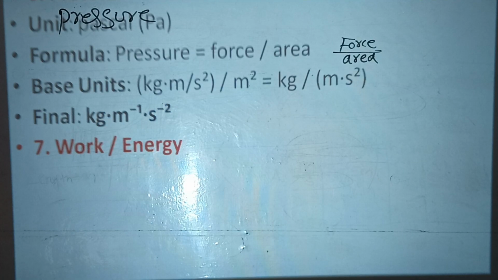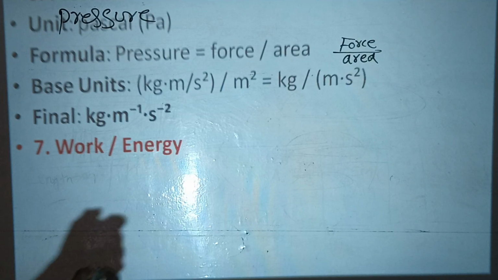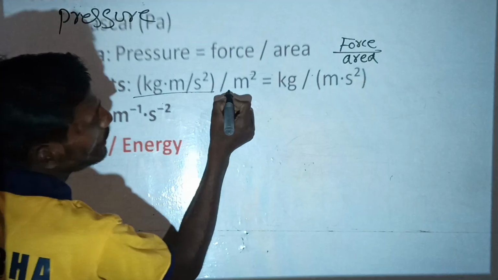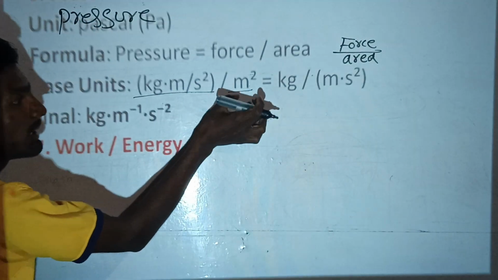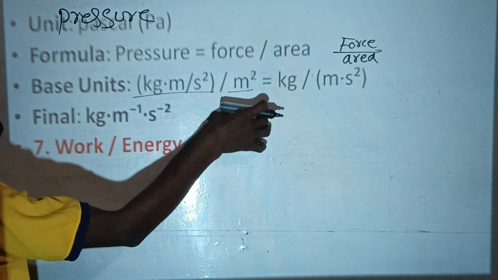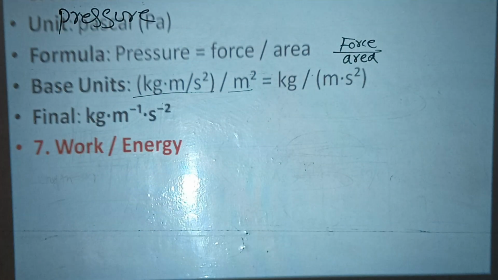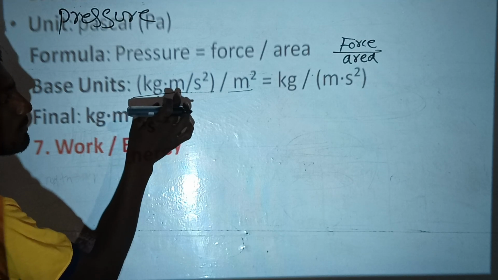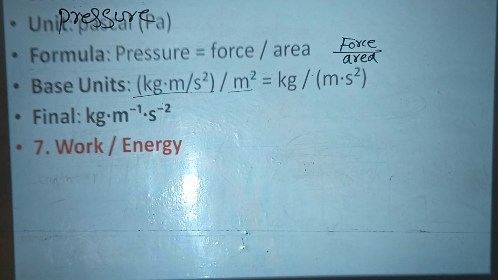Generally, force is measured in kg mass per second square in this unit, but area is measured in meter square. I already solved it in the previous slides. The force is measured in kg meter per second square.